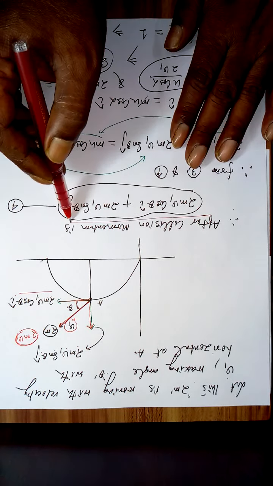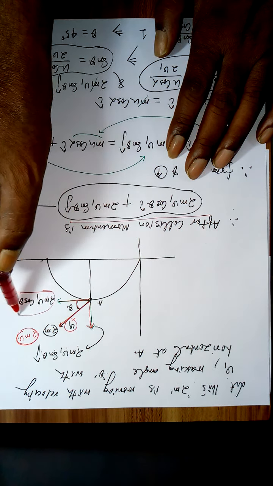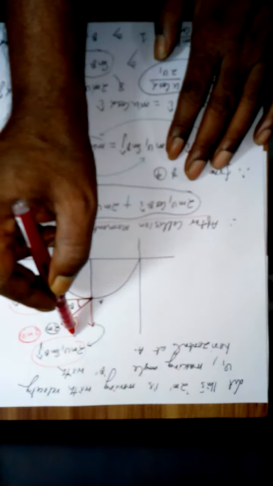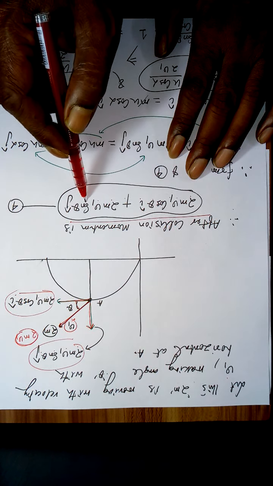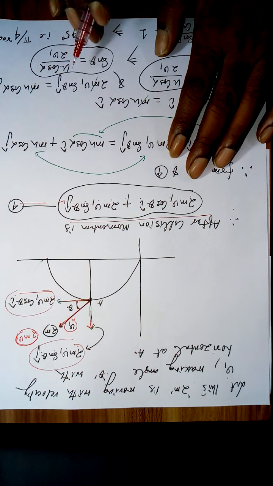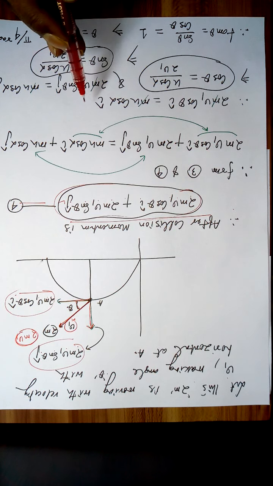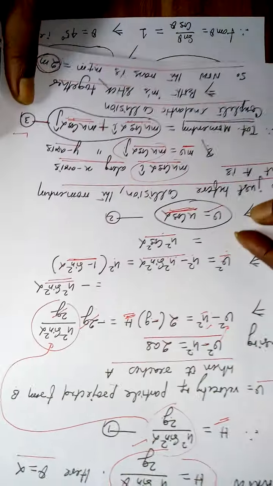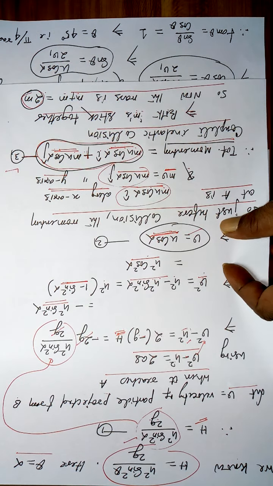Therefore, after collision, the total momentum is 2m v1 cos theta i cap plus 2m v1 sin theta j cap. That is equation 4. So this is the total momentum after collision, and this was your total momentum before collision, equation 3.